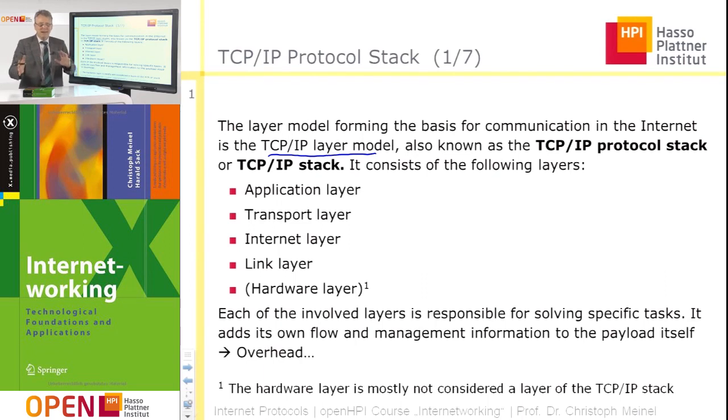Here a balance is needed: add as little information as possible, because at the end, the user data as well as the administrational data need to be transported over the internet. On the other side, add as much administrational data as needed to solve the certain task.